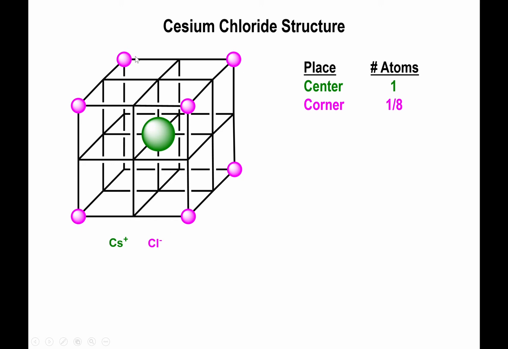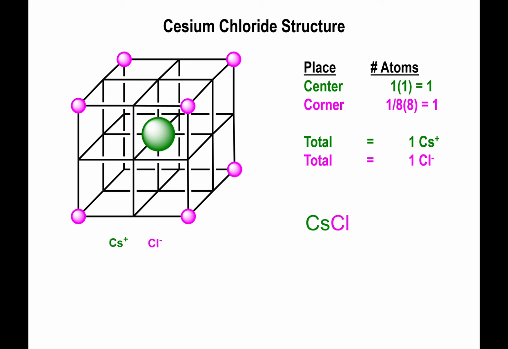So the chloride atoms are in the corners of the cube, giving you a count of 1 cesium and 1 chloride. So ultimately, you have 1 cesium plus and 1 chloride minus, and once again they are alternating: green goes to pink, pink goes to green. What you basically see here is 1 cesium plus and 1 chloride minus combined together to give you the formula of cesium chloride.